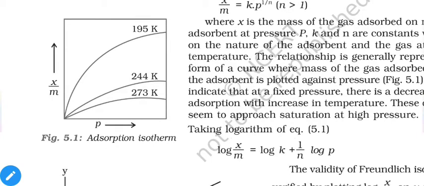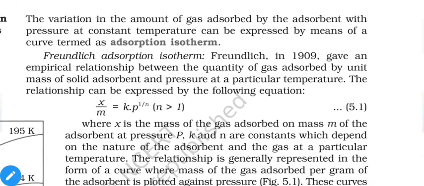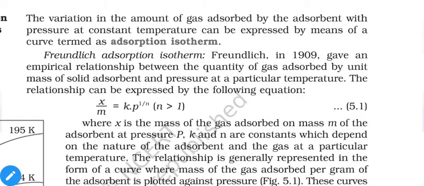But the speed will eventually decrease, and at a certain level it will be constant. So with pressure, adsorption of gas will increase, but as the reaction proceeds, the adsorption rate decreases. The variation in the amount of gas adsorbed by the adsorbent with pressure at constant temperature can be expressed by means of a curve termed adsorption isotherm.